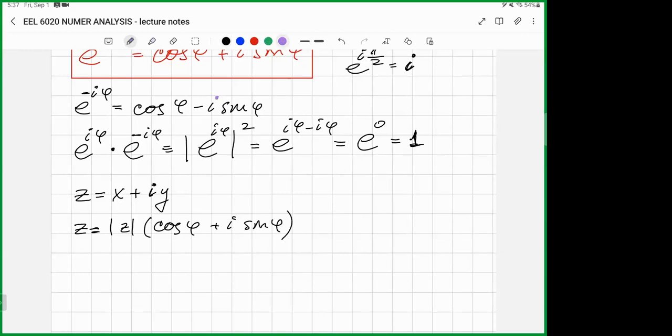And from this part, we can use Euler's formula to substitute this part by the exponential function. So we get the exponential representation of any complex number: the modulus of z times the exponential function e to the power of I phi. Okay.